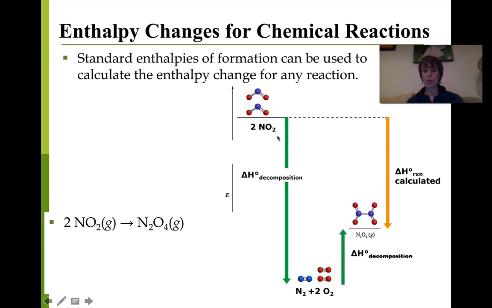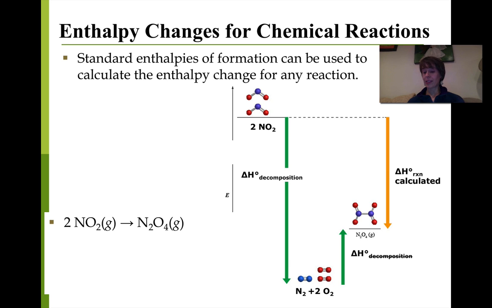The first step is that the reactants, the two nitrogen dioxide molecules, decompose into the elements in their stable, common forms. So the two nitrogen dioxides would break down into one diatomic nitrogen molecule, N2, and two diatomic oxygens, 2 O2.